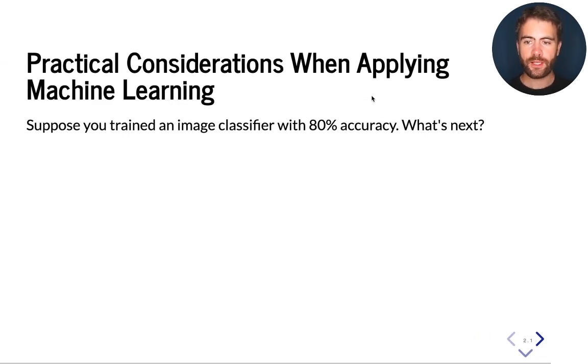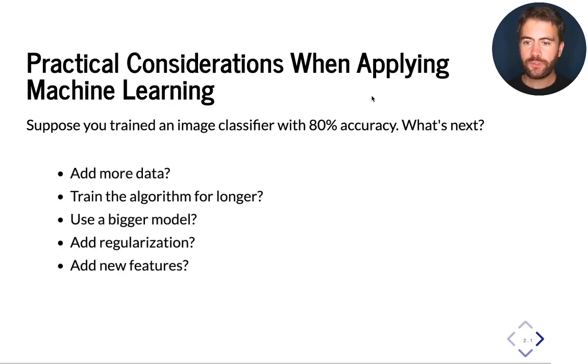Recall that the high-level motivation for what we're covering in this lecture is the following. Imagine you have trained a machine learning classifier and it's giving you 80% accuracy on some data set. What do you do next? You could try to add more data to the model, you could try to make the model bigger, you could try to add more features, or you could add regularization.